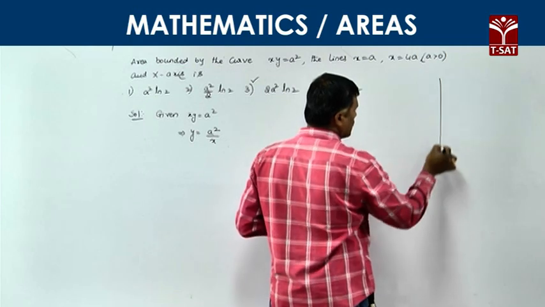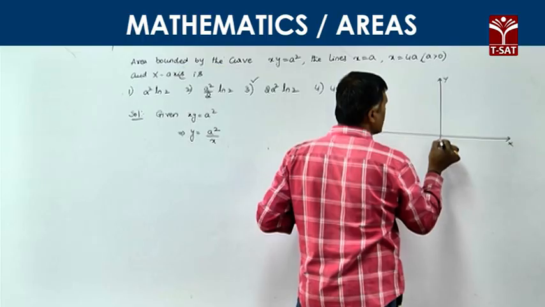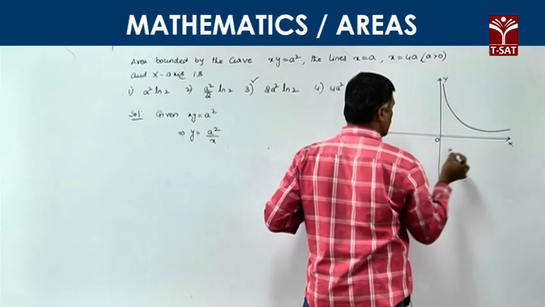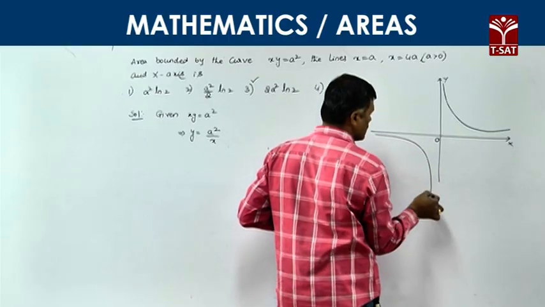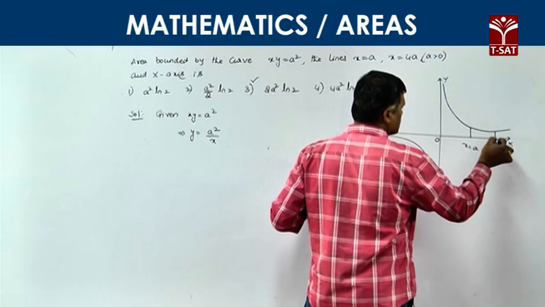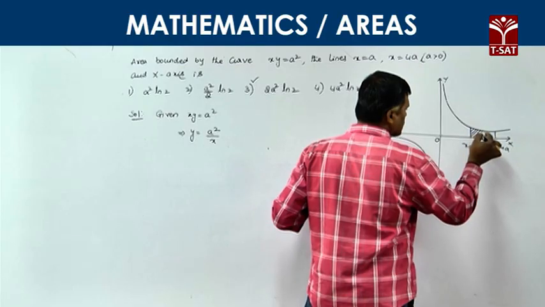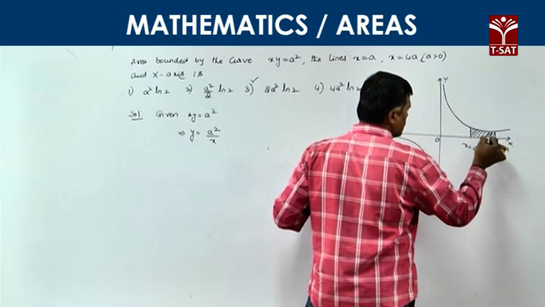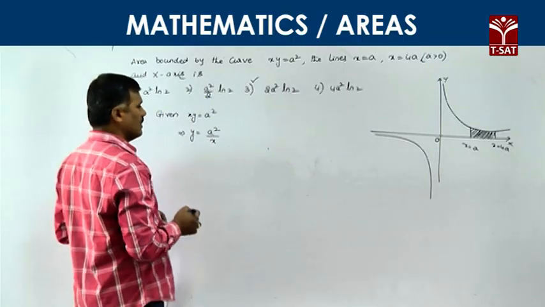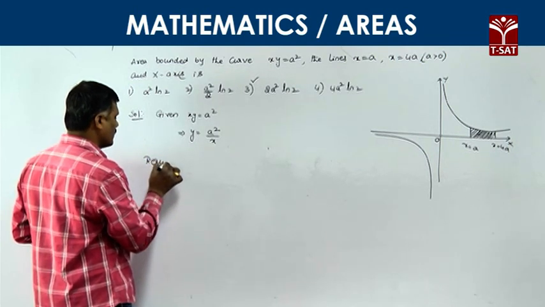Draw here a rectangular hyperbola whose asymptotes are the coordinate axes, and the given lines are x = a and x = 4a. It is the required shaded region, which is our required area. Now the limits.